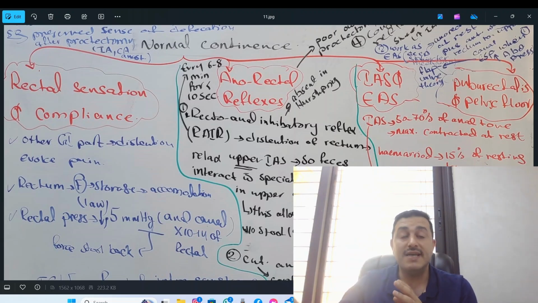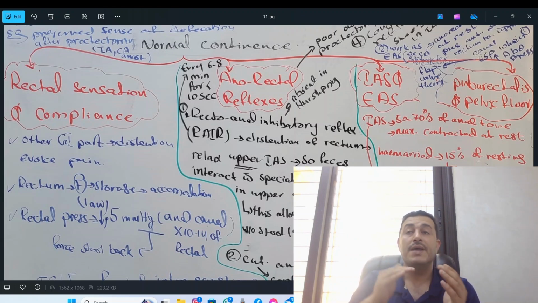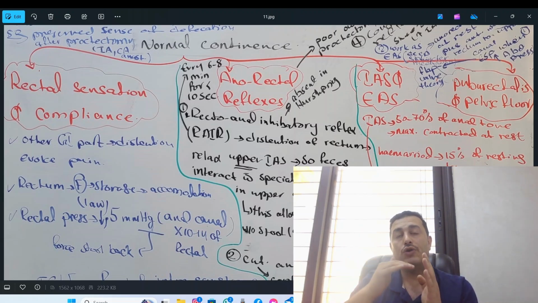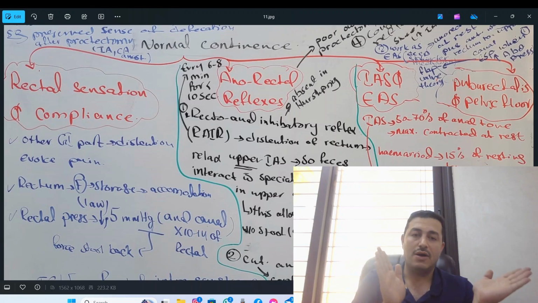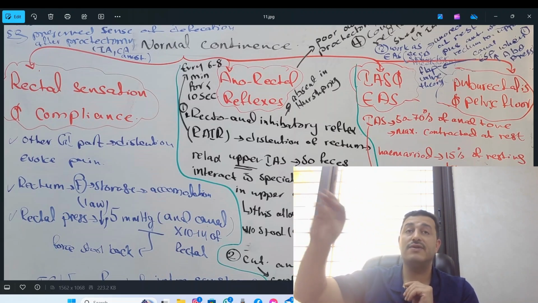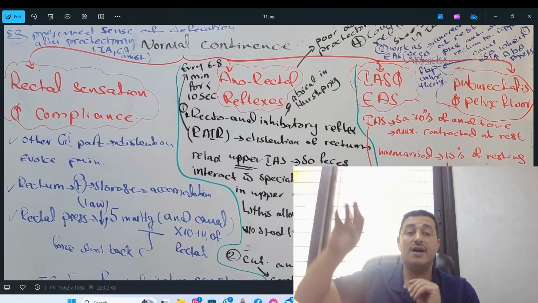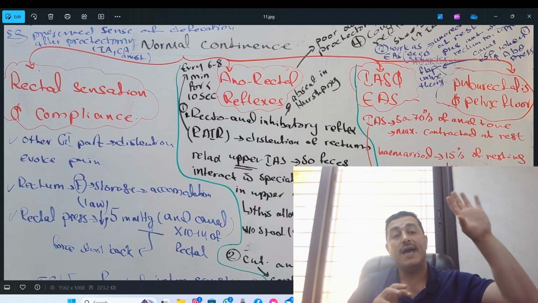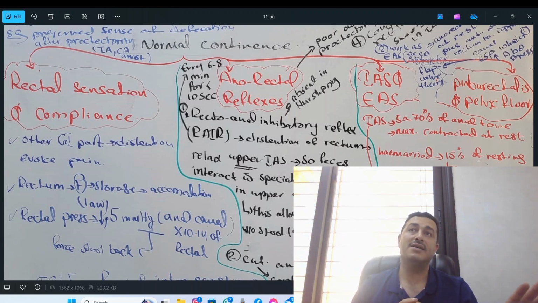We said that the external anal sphincter is under somatic innervation, and the autonomic innervation to the external anal sphincter is the vice versa of the other parts of the colon. For example, we said that sympathetic innervation is inhibitory to the internal anal sphincter and other parts of the GI tract. They are actually excitatory to the external anal sphincter.